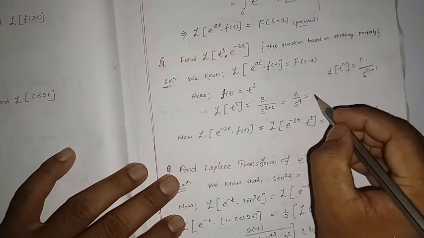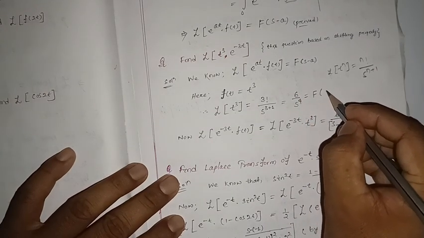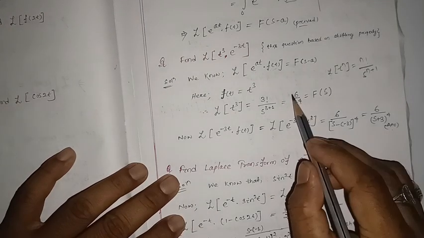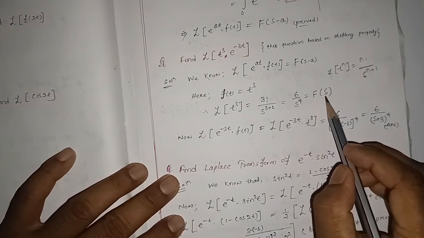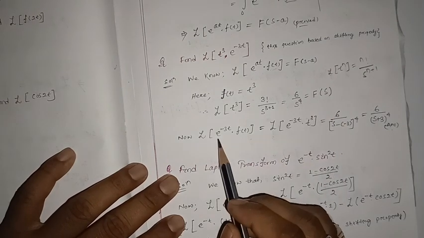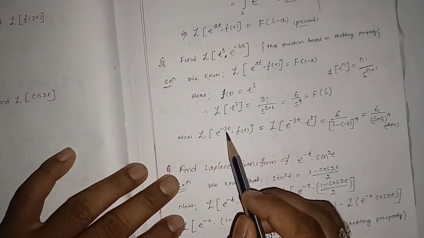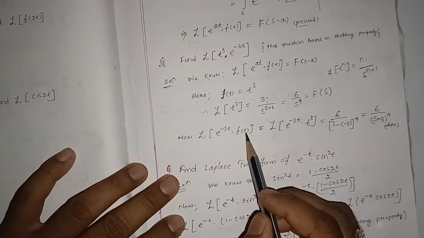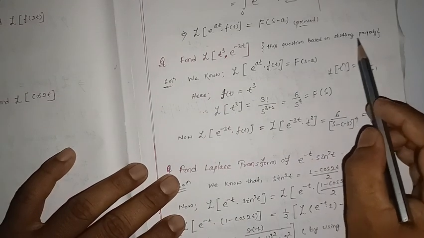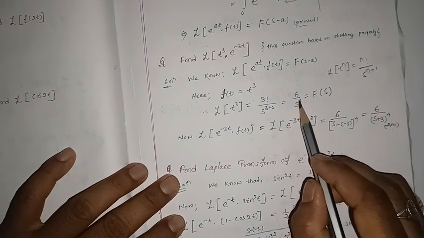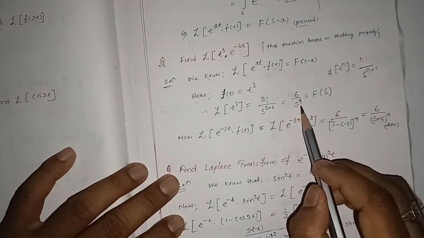So Laplace transform of t cubed is 6 by s to the power 4, which is our capital F of s. But if e to the power minus 3t operates on f of t and we take the Laplace transform, then according to this shifting theorem, wherever s is there, we have to write s minus a.